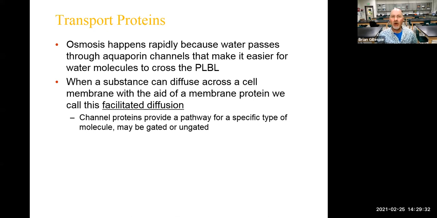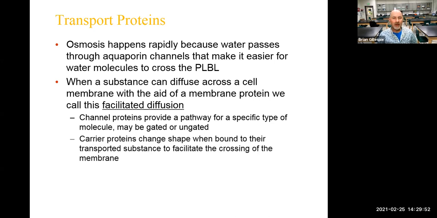They are not what we call gated, meaning that they do not open or close. They are always open all the time, and therefore the molecules can move across them. Other channels, though, are gated, meaning that they do open or close depending on whether they have something to transport or not. So one example of a gated protein channel are referred to as carrier proteins.